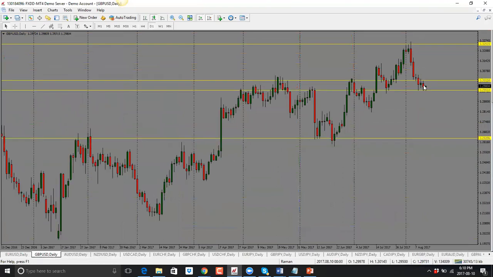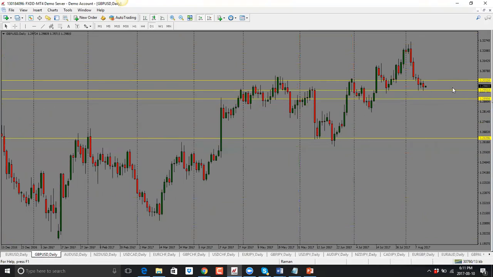Pound dollar here: pound was bearish and it still has bearishness left in it, but we are into support now. We have hit the support two days in a row, and that is a little concerning. Still, in terms of our bias, the bias is to the downside, but we are going to be cautious with the pound dollar.